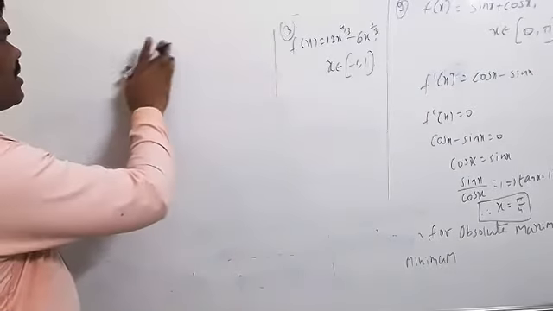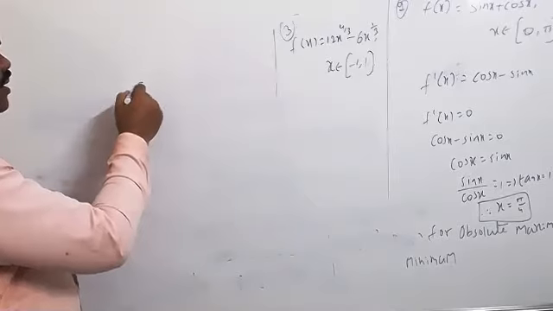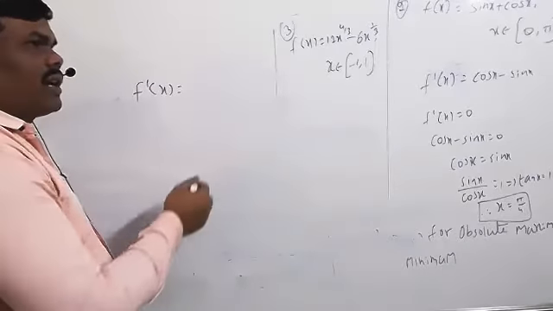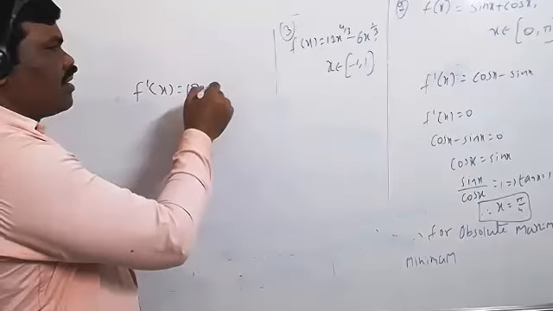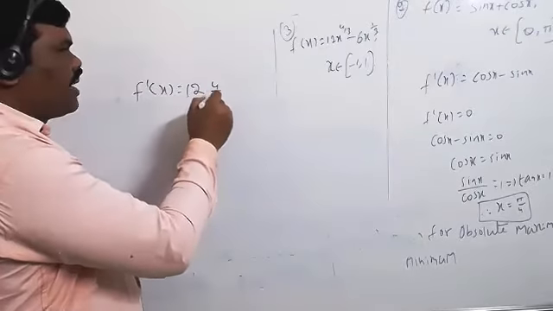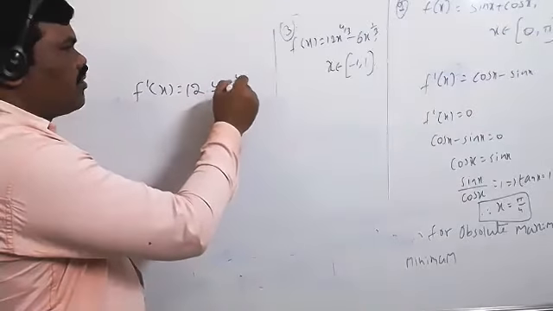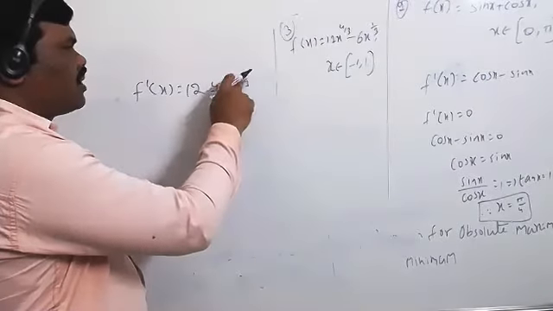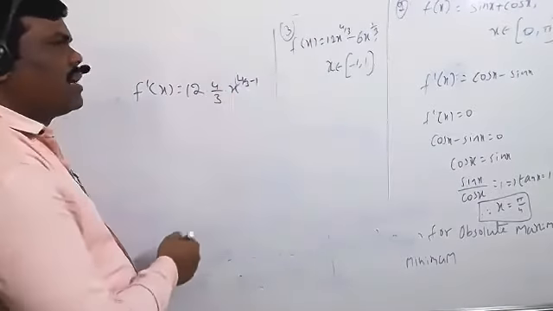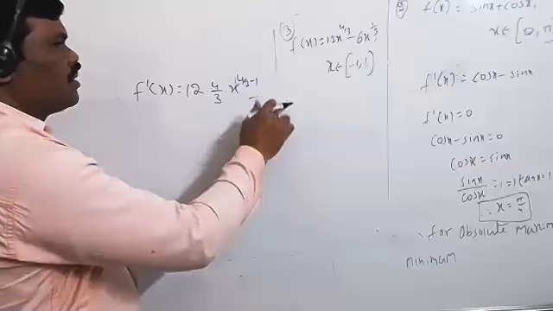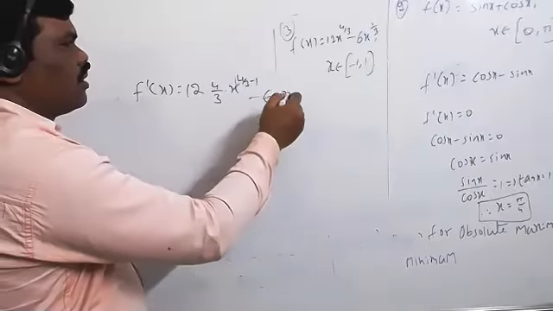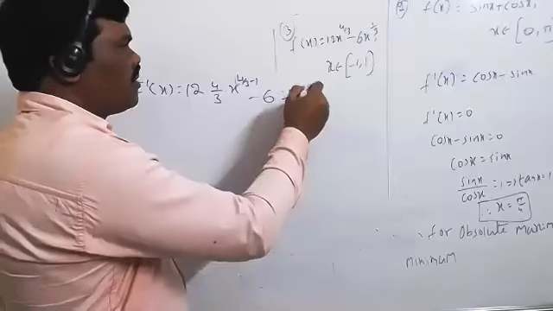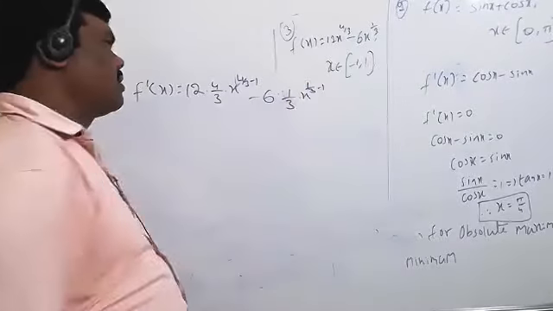Differentiate that function now. f dash of x equal to, if you want, you can take 12 as the constant value outside. x power n, so 4 by 3 into x power 4 by 3 minus 1, minus 6 into 1 by 3 into x power 1 by 3 minus 1.